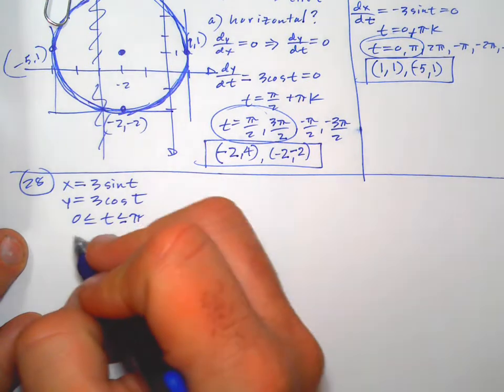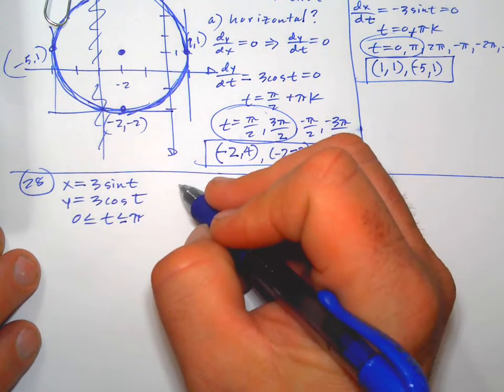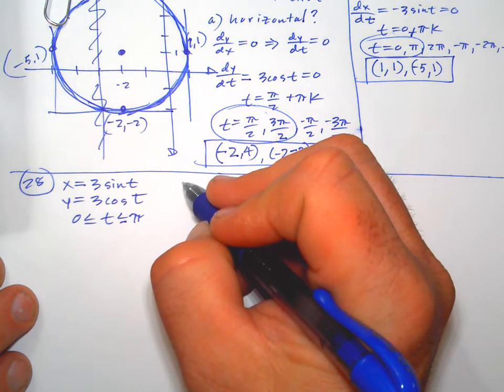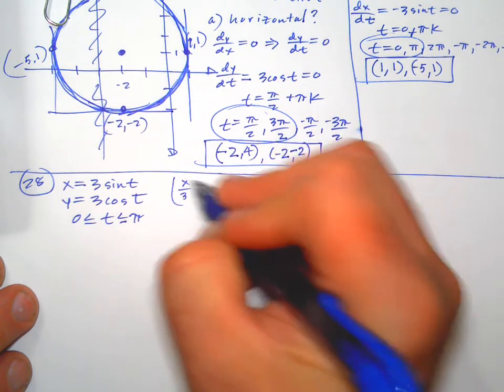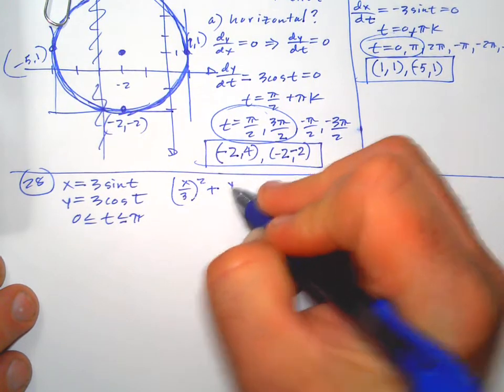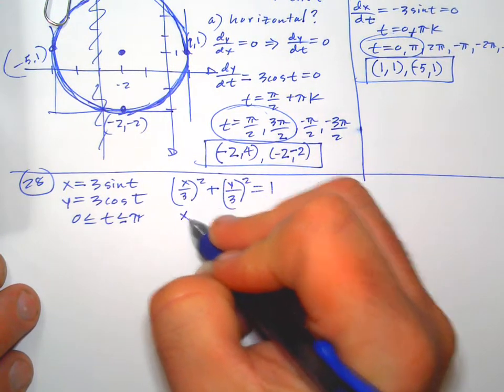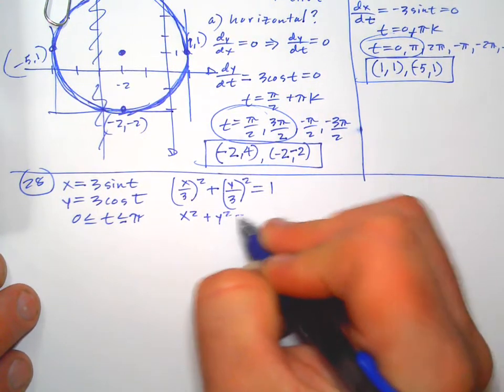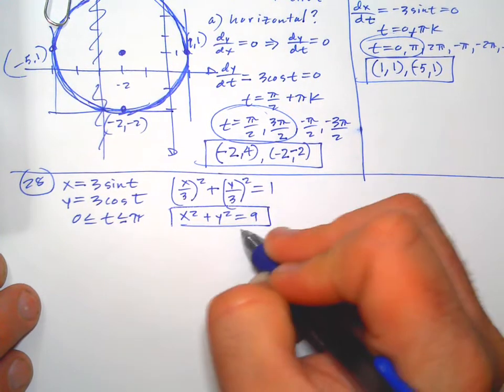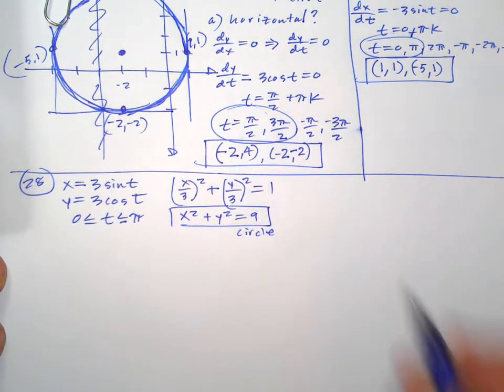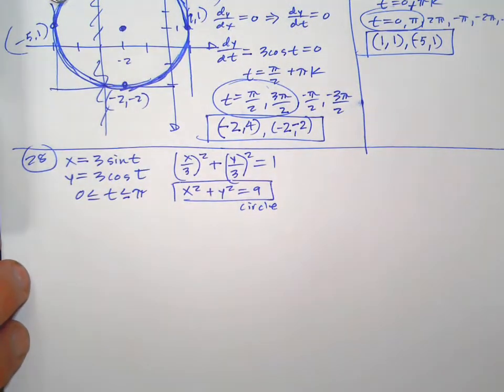So sine is x over 3, squared, cosine is y over 3, squared, equals 1. So it's going to be x squared plus y squared equals 9. So this is a circle, which is going to be convenient for maybe calculating arc length, because we have some circles that we can do arc lengths of around the whole circle's circumference.